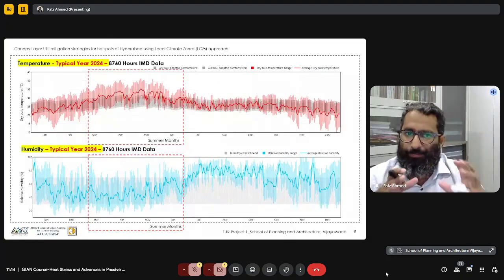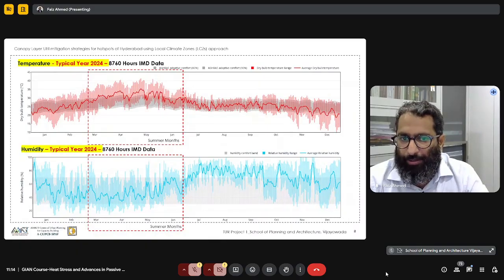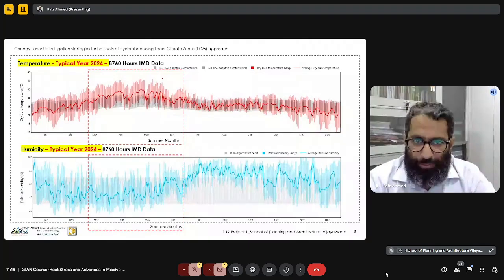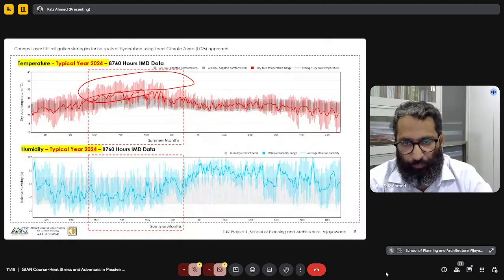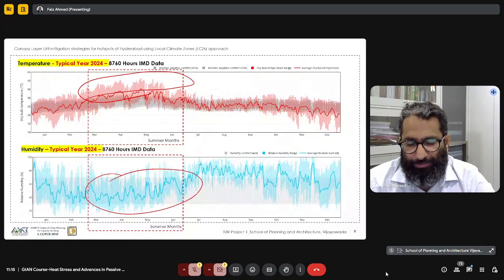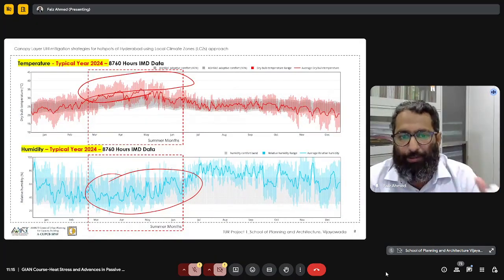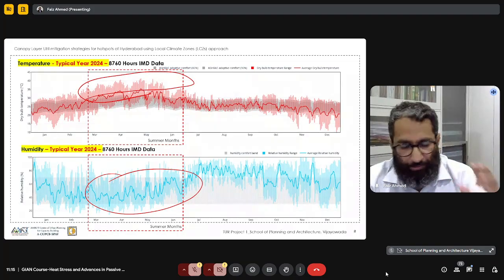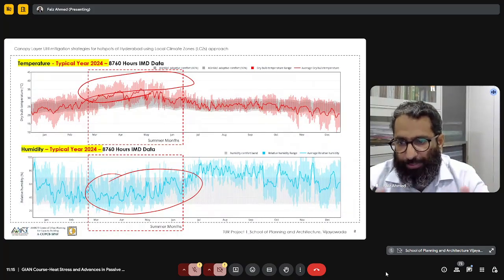The second thing is, if you put the temperature and the humidity data together, of course we have severe summers. That's a known fact. And what we also observe is, in addition to the higher temperature, we also have low humidity in the Hyderabad case.